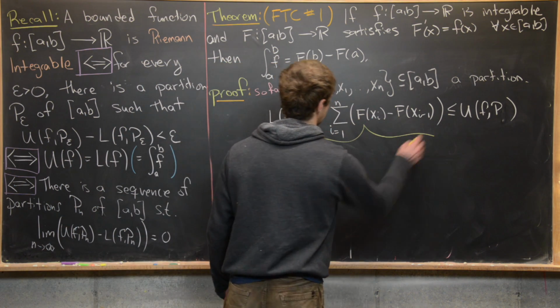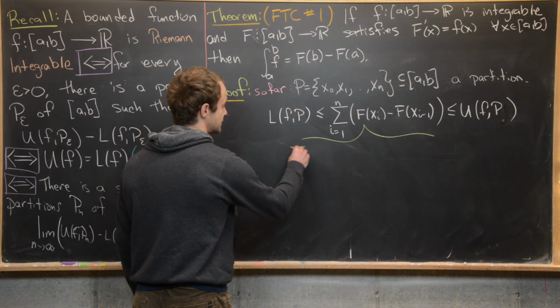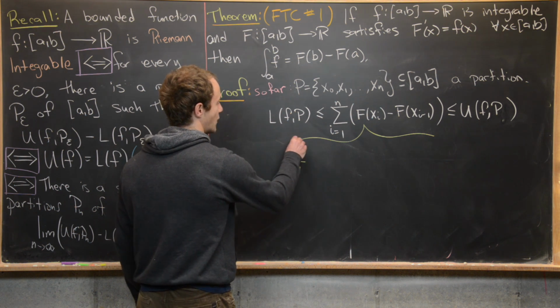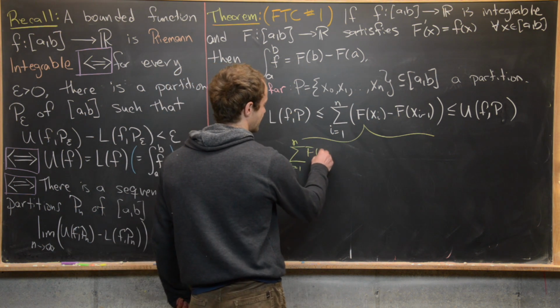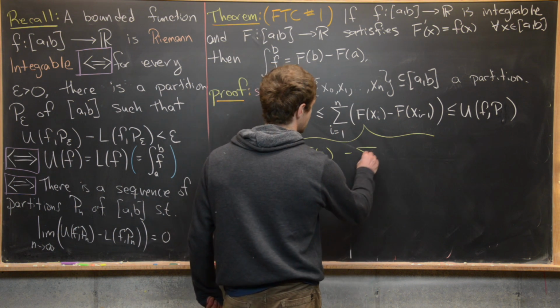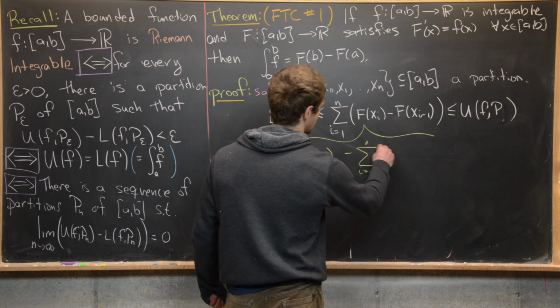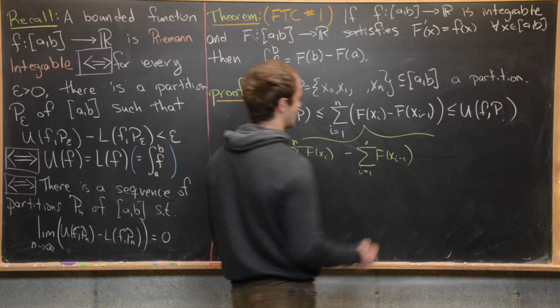Let's expand this into the sum as i goes from 1 to n of F of x_i minus the sum as i goes from 1 to n of F of x_{i-1}, like that.